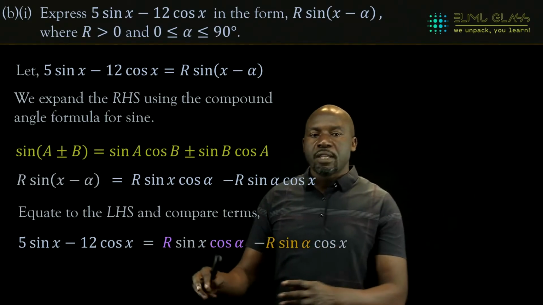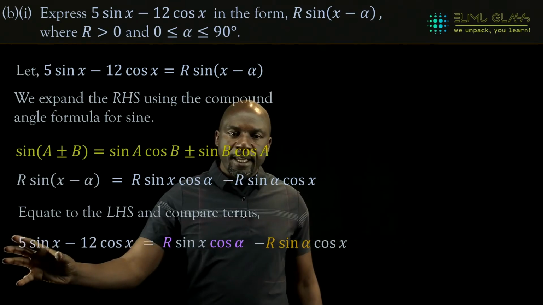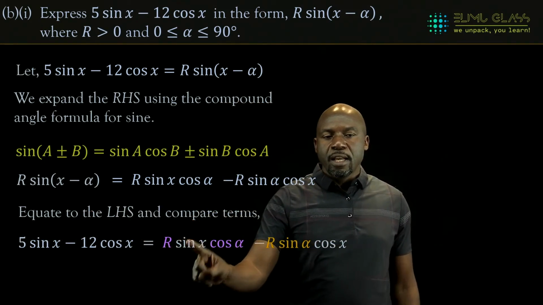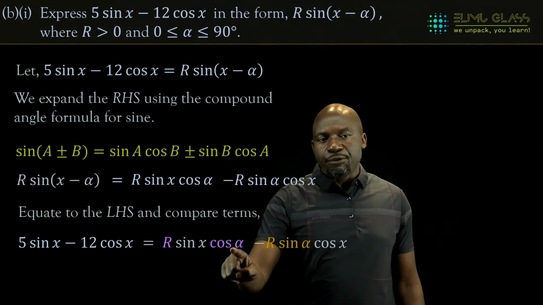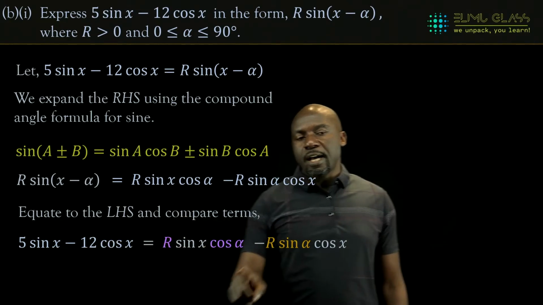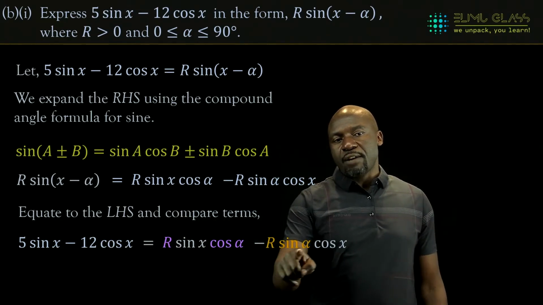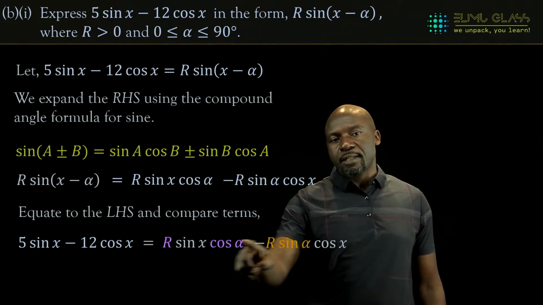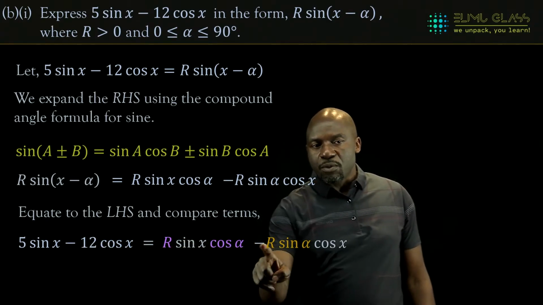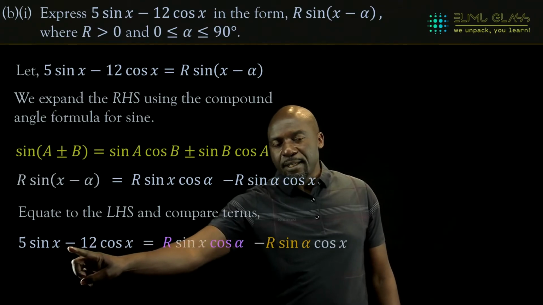So we will equate the coefficient of sine x here with the coefficient of sine x here, which is to say that r cosine of alpha must be equal to 5, and r sine of alpha, which is the coefficient of cosine x, must be 12. So this is minus and that is minus.